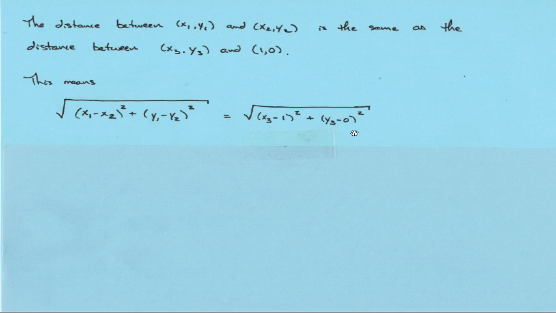So using the distance formula, plugging those points in, we have the square root of x sub 1 minus x sub 2 squared plus y sub 1 minus y sub 2 squared gives me the square root of x sub 3 minus 1 squared plus y sub 3 minus 0 squared.